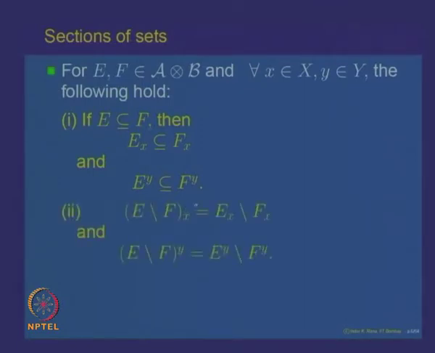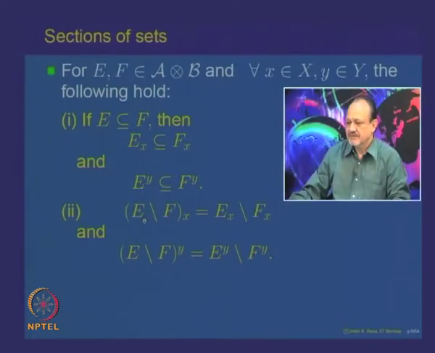The next property says that if we look at the difference E minus F and take its section, it is the same as first taking the sections and then taking the difference, whether at a point x or at a point y.